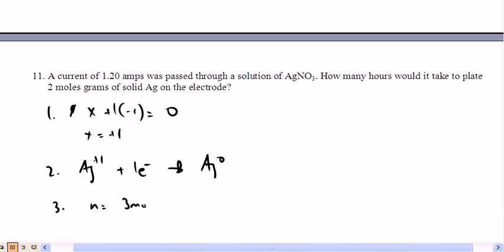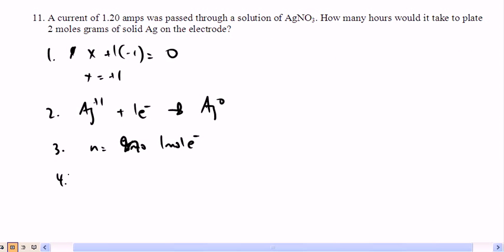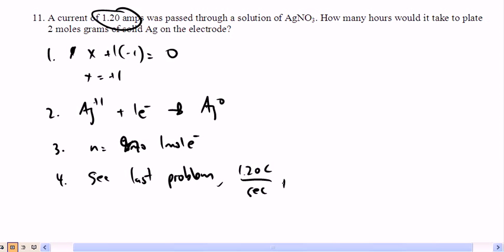N is going to be equal to 1 mole of electrons. So for my factors here, I know C from the last problem, and in this one I'm going to have 1.20 coulombs per every second.